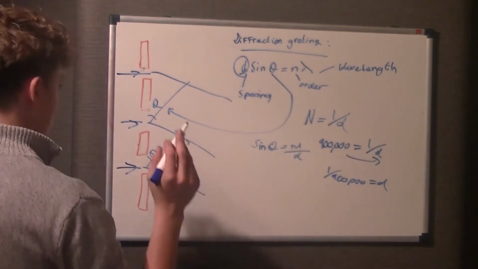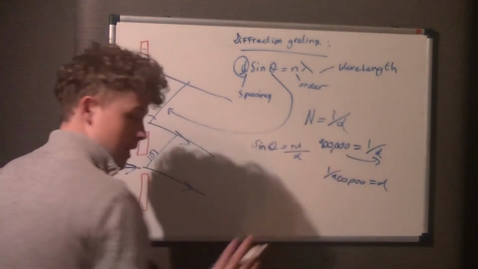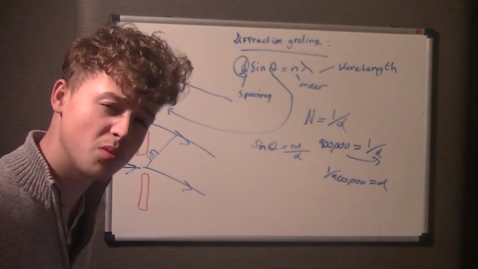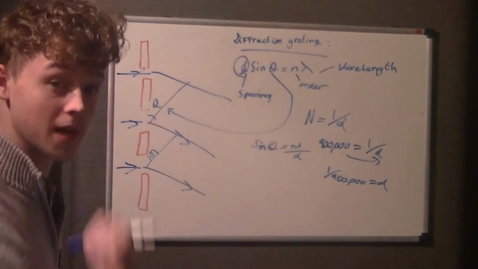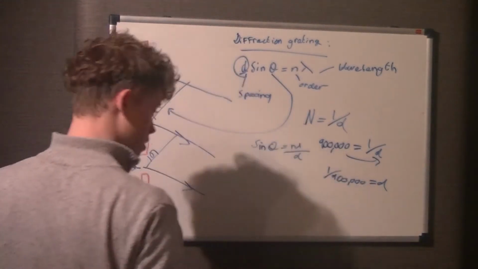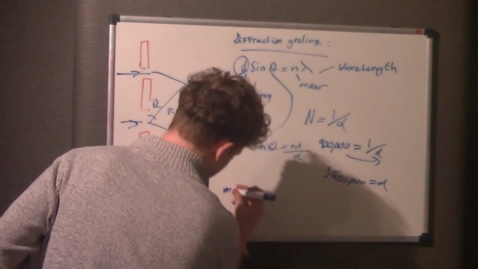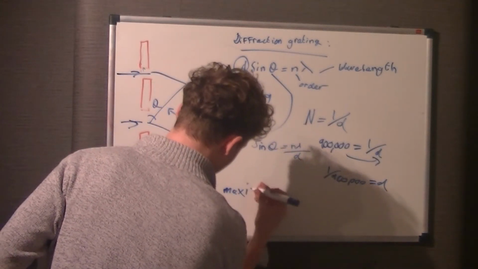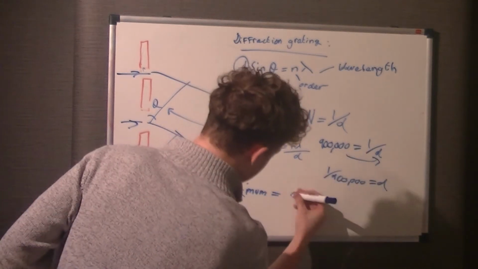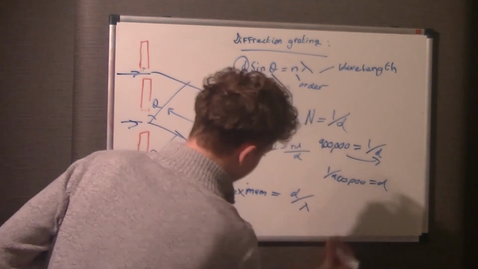So, hopefully you've seen how I've worked all these out. However, what we're going to do next is work out the maximum number of orders you could possibly have for this. So, maximum number of orders. I'm just going to write maximum number. Maximum equals d over lambda.